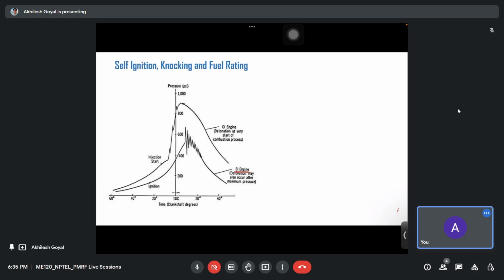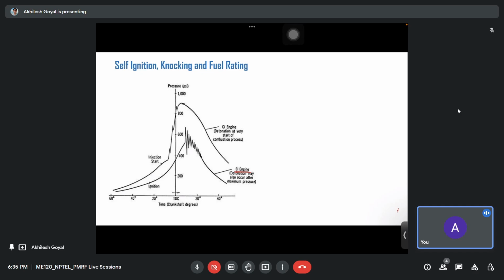And if this remaining air fuel mixture that is at temperature higher than the self ignition temperature of fuel remains there for a period that is greater than the ignition lag period, then a second flame or second combustion starts from that point, from the unburned fuels.